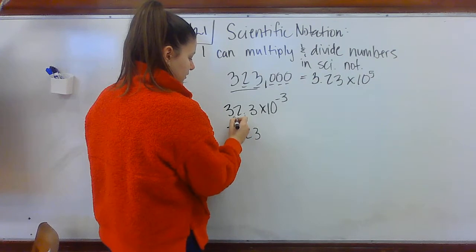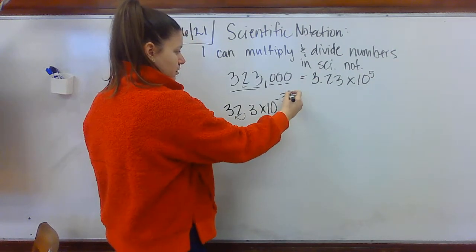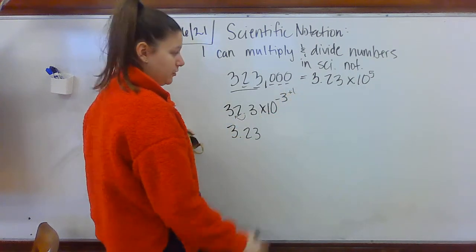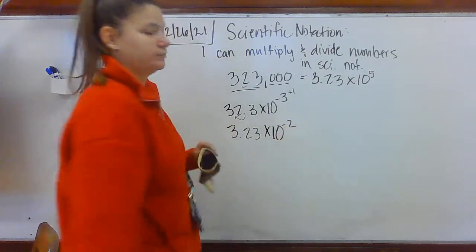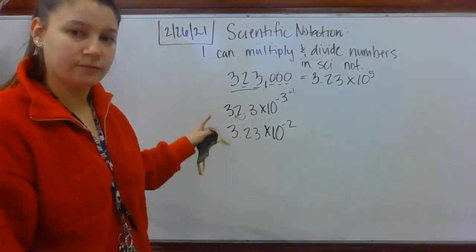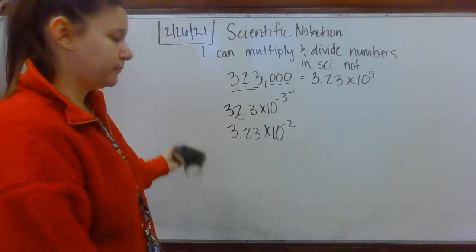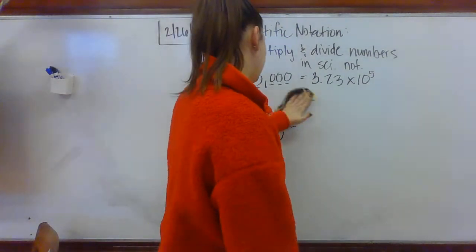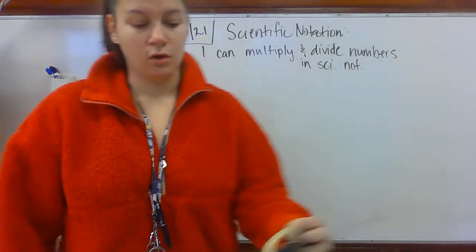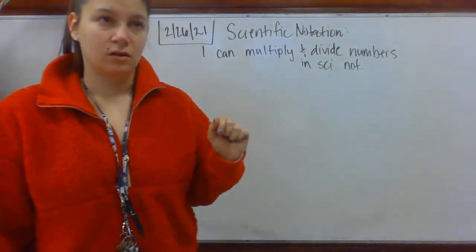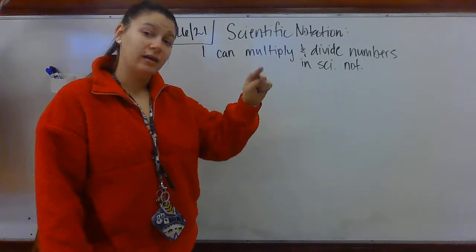Every time I move my decimal place over 1, I add 1 to my exponent. Negative 3 plus 1 is negative 2. When I move it to the left one, I add 1 to my exponent. Conversely, which means opposite, whenever I move it to the right, I subtract 1.